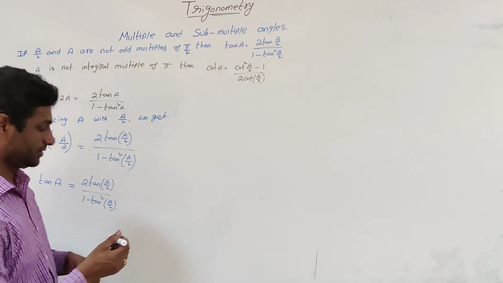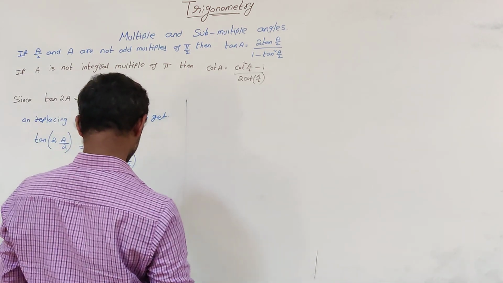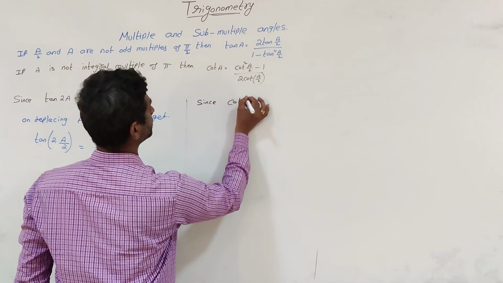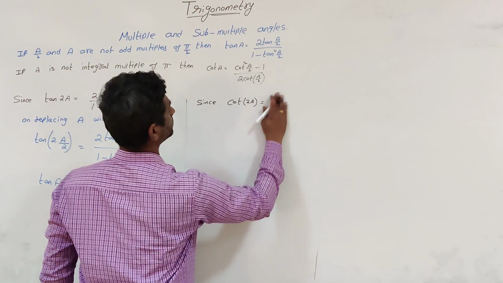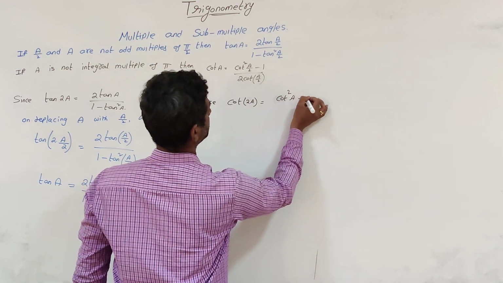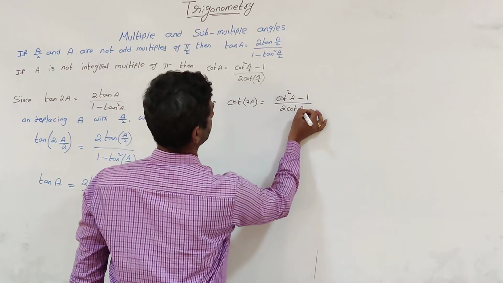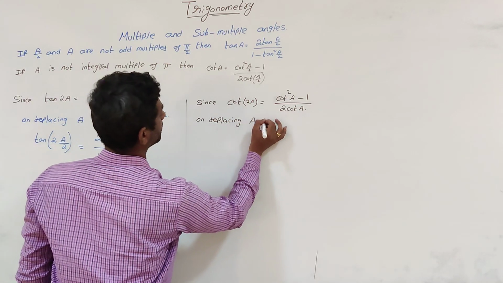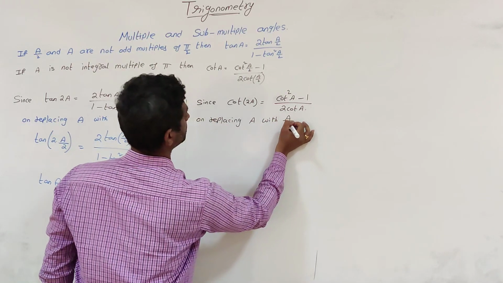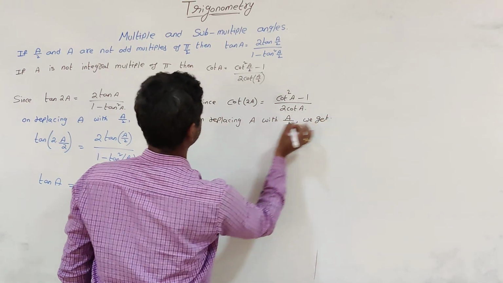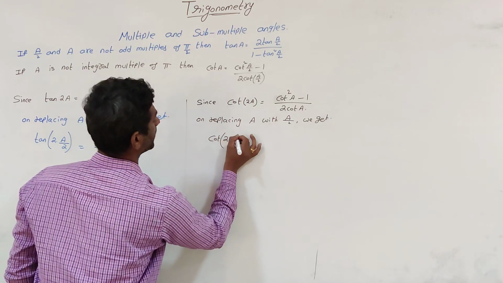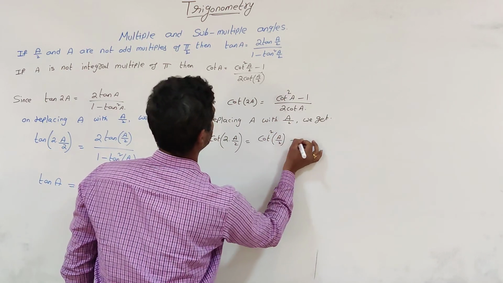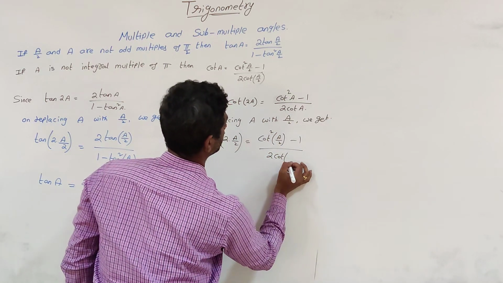Similarly for cot A, since cot 2A is equal to (cot square A minus 1) by 2 cot A, on replacing A with A by 2, we get cot of 2 times A by 2 is equal to (cot square of A by 2 minus 1) by 2 times cot of A by 2.